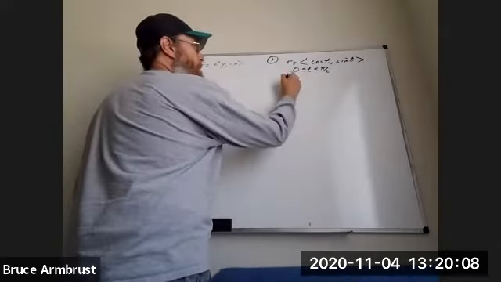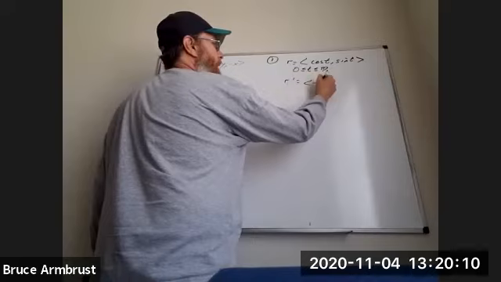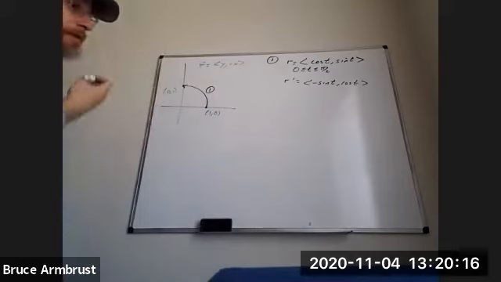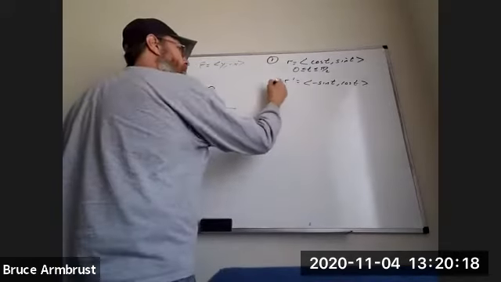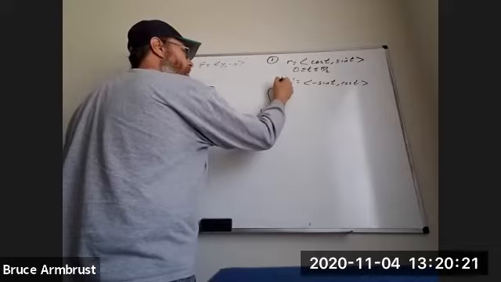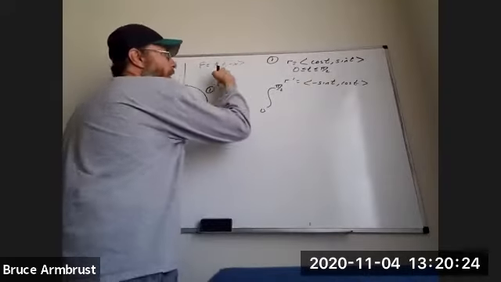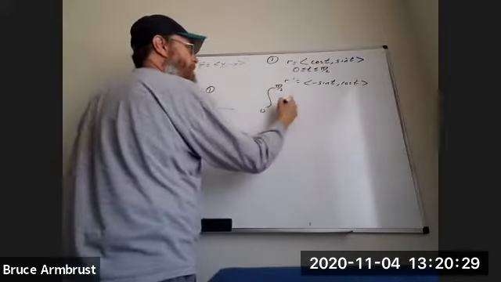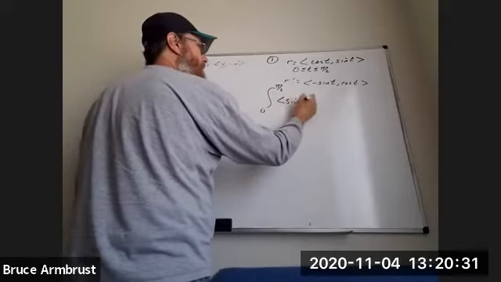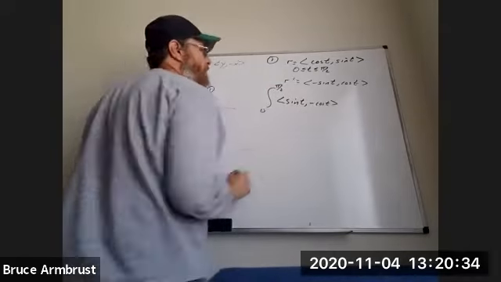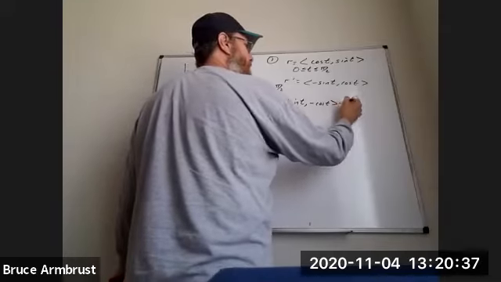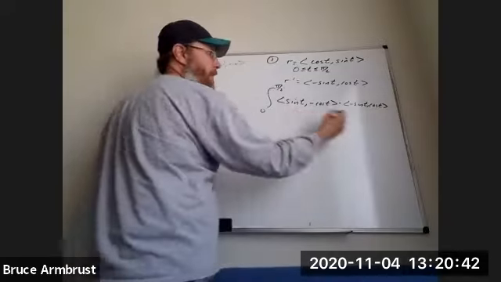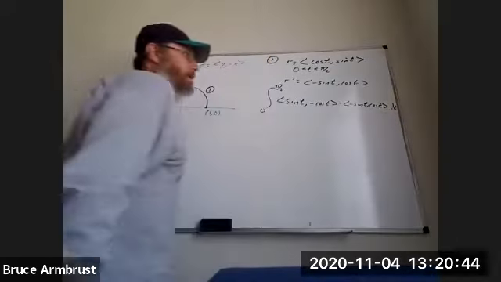We need r prime. So r prime is going to be minus sine comma cosine. So to do this work integral, this vector line integral, we're going to go from 0 to pi over 2. We need our F in terms of these parameters. So it's y comma minus x. So it'll be sine t comma minus cosine of t. We're going to dot that with minus sine t comma cosine of t. And that's our r prime. And then dt.